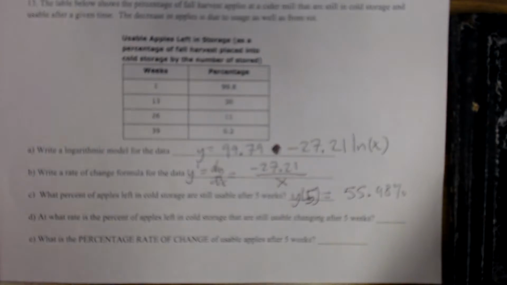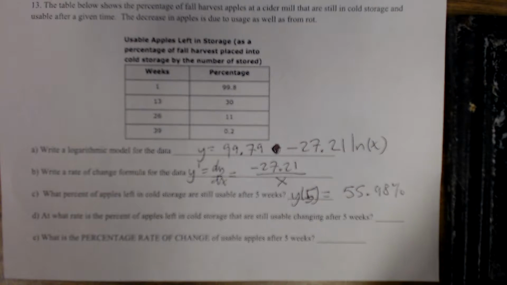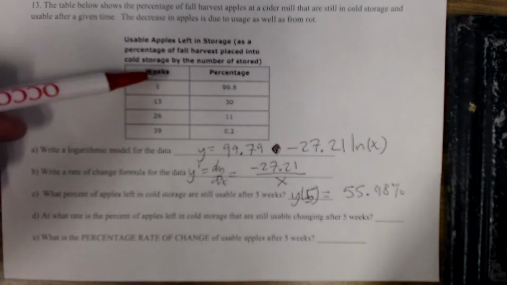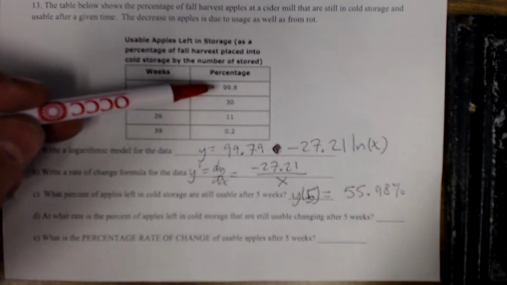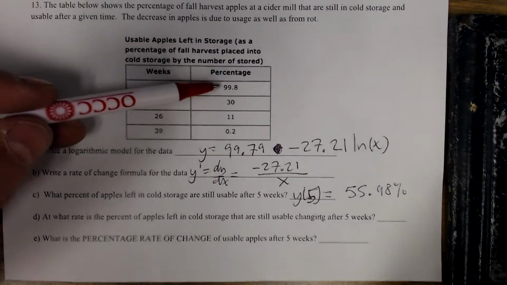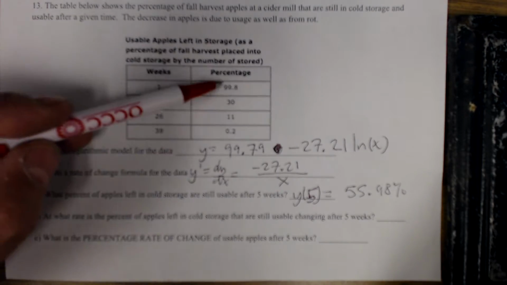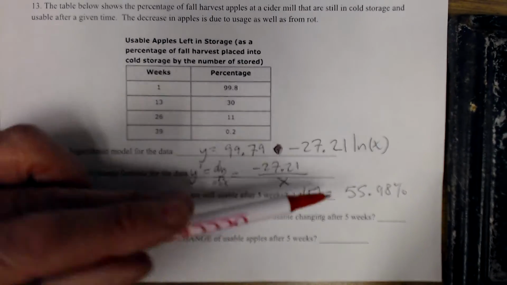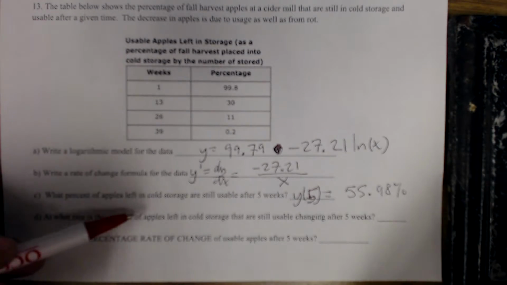And I get, if I round it to 2 decimal places, 55.98% of apples that are usable 5 weeks in. And it seems reasonable because 1 week in it's 99.8 and 13 weeks in it's 30. So obviously it's decreasing and our number is between 99.8 and 30.